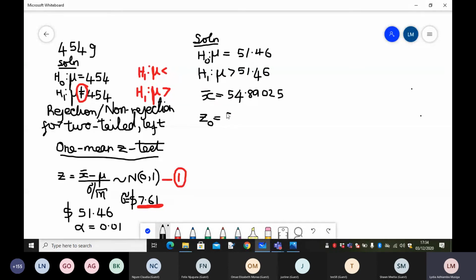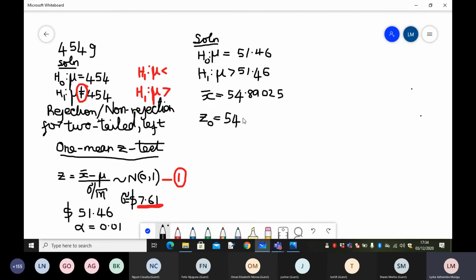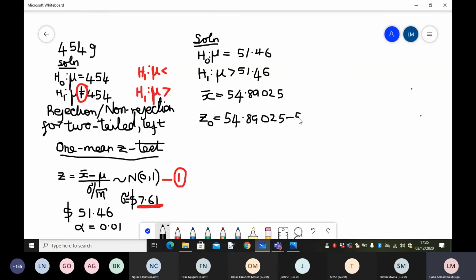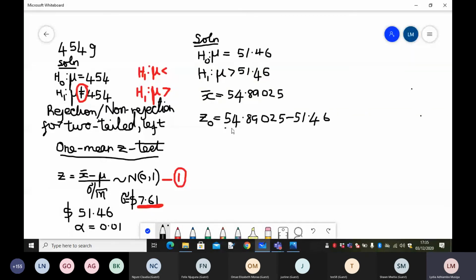So x bar is 54.89, minus mu, what is mu? 51.46, divided by sigma over square root of n.